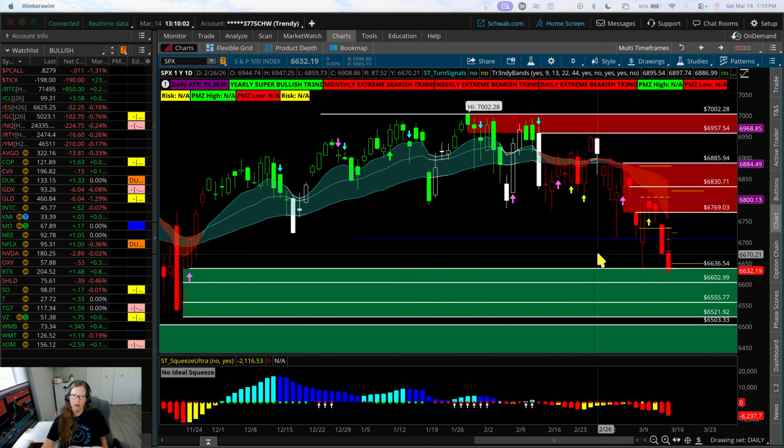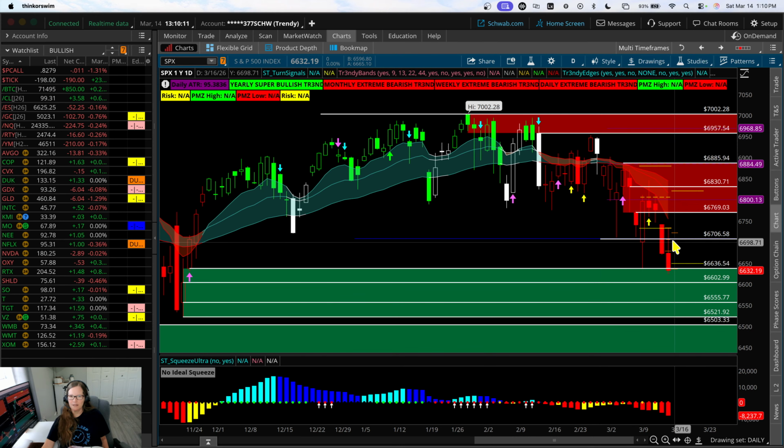All right. As far as resistance goes, I have to mention the trendy yearly edge. Now that price is below 67.07, the upper yearly edge, it is resistance. Any pops up to this edge are a potential area that selling pressure could step in and drive price lower.